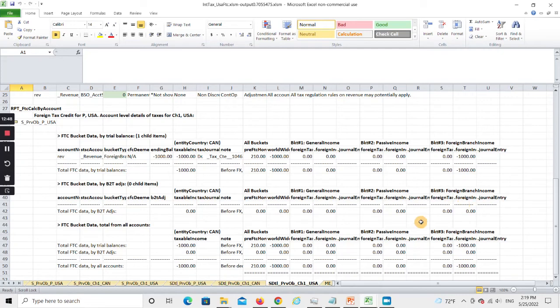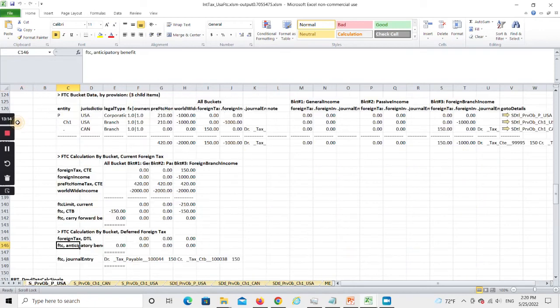Okay, so the total FTC data, the foreign tax and foreign income, the total is an aggregation of both from trial balances and from the book to tax adjustments. In our case, we get a result of $1,000, and this is the amount. If we go back, this amount showed up over here.